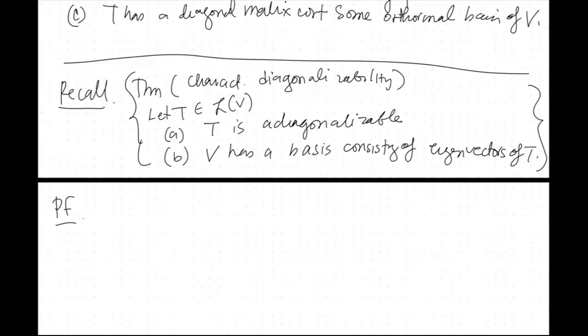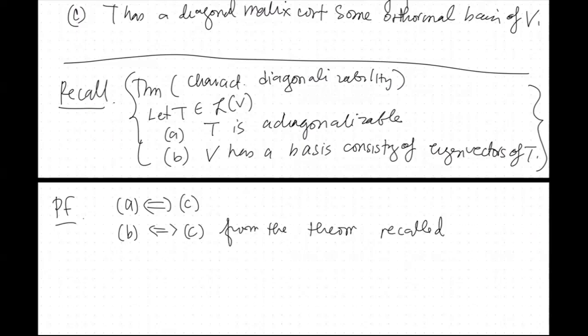Okay, let us only show A implies C and C implies A, because B implies C is from the theorem above.